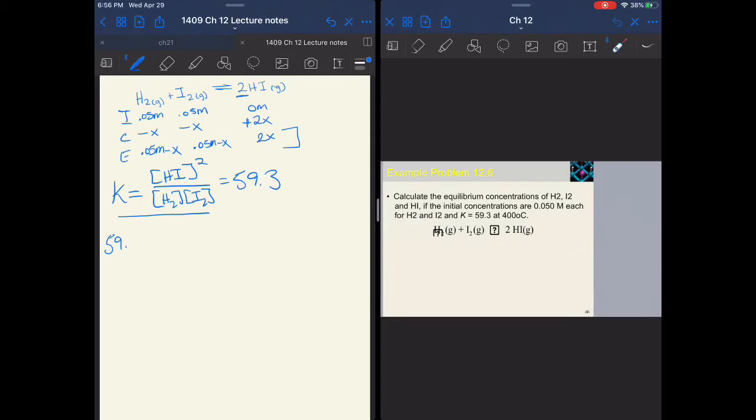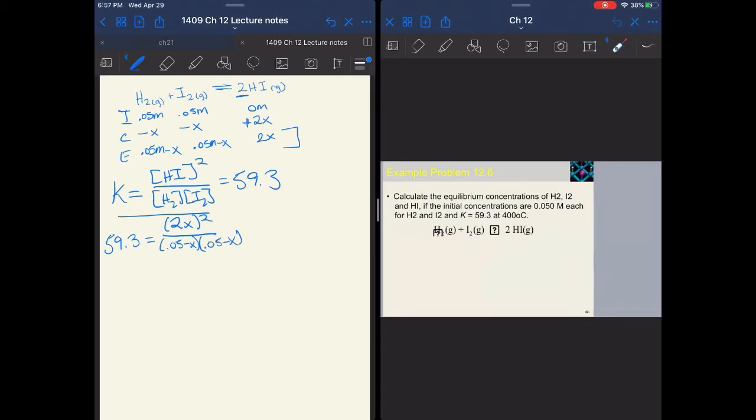So again, I know 59.3 equals (2X) squared. Something that you need to be very clear on here: it's not 2 times x squared, it's the whole 2x that is squared. So don't forget those parentheses. It's going to be important. And then we've got (0.05 minus x) times (0.05 minus x).